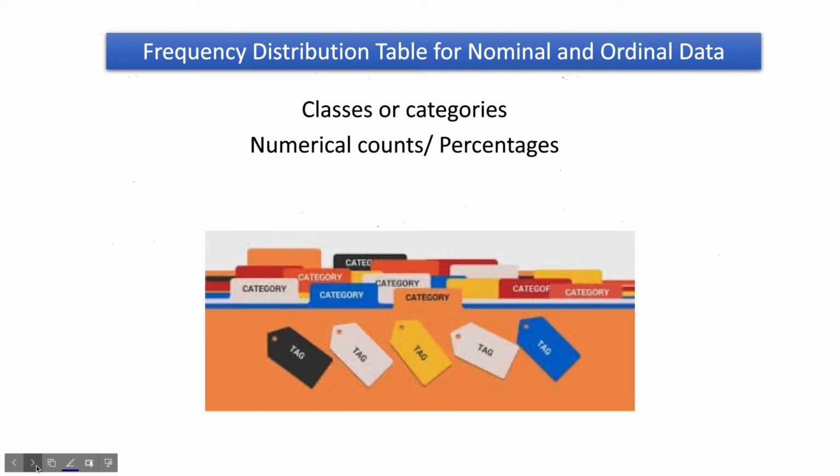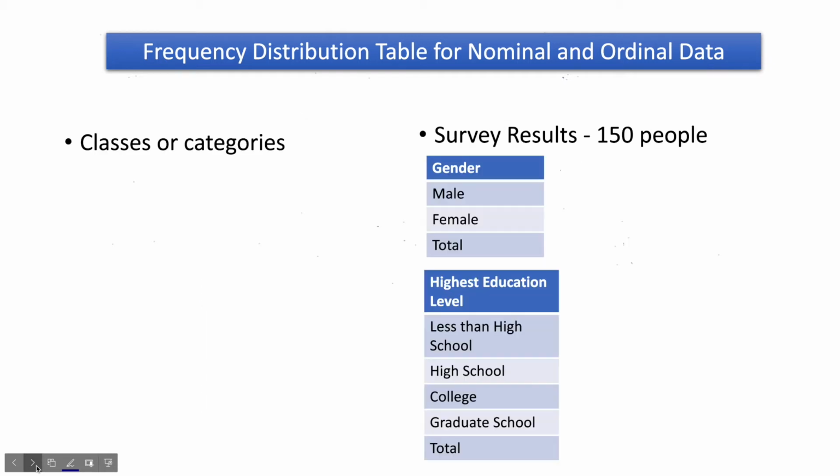The frequency distribution tables include the classes or categories of the data, which are, for example, like gender, male or female. So your categories are male and female, and it also includes the numerical counts or the percentages. So let's dive into some examples.